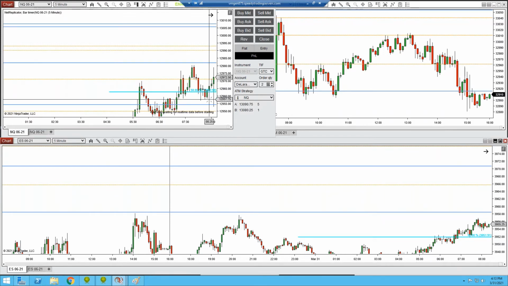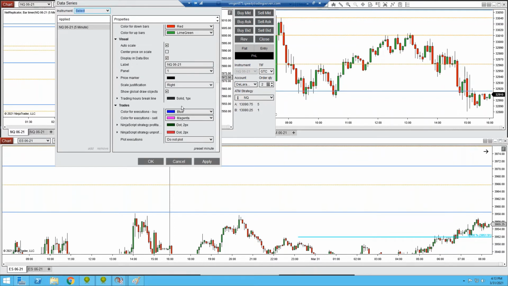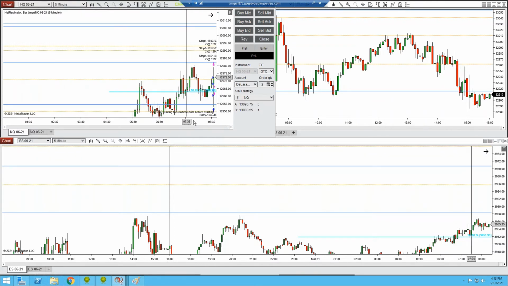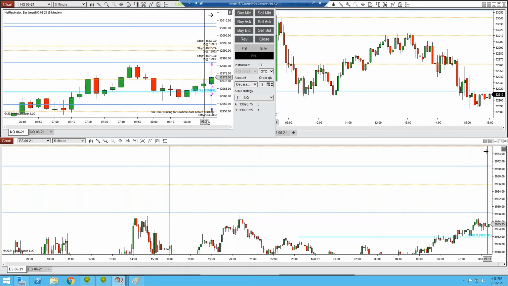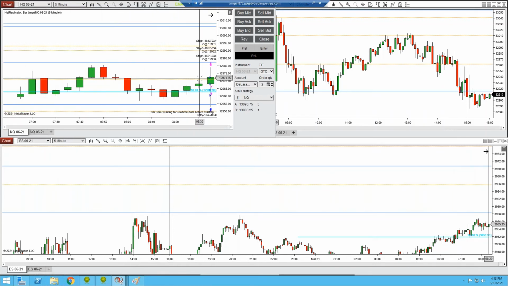Let me pull my trades up on here. Yeah, I went long right before the open, assuming that we were going to move up to this CP, and I got stopped out at the 50%. Then I entered again right on the 50% because I trade off the 1 minute.